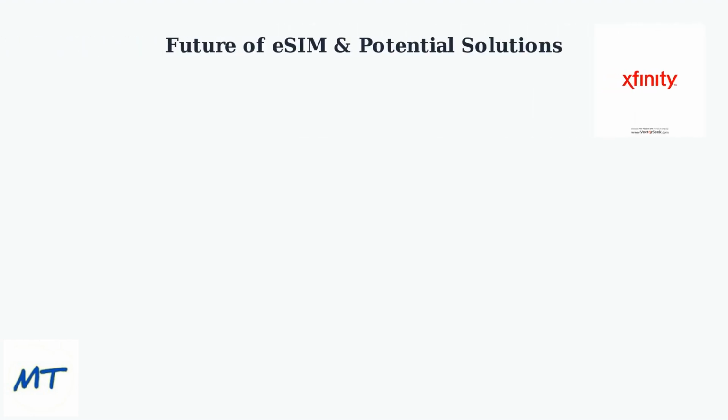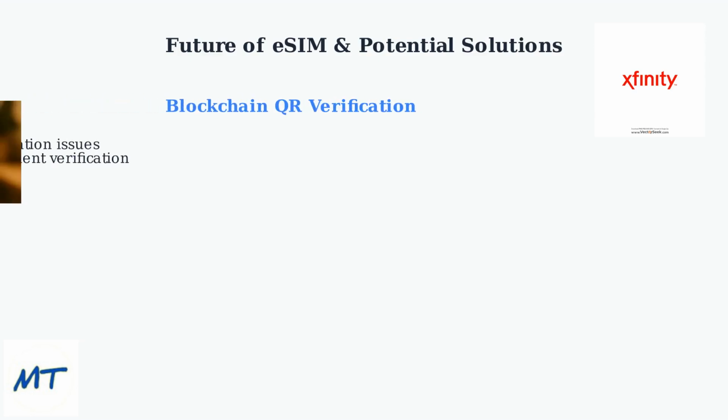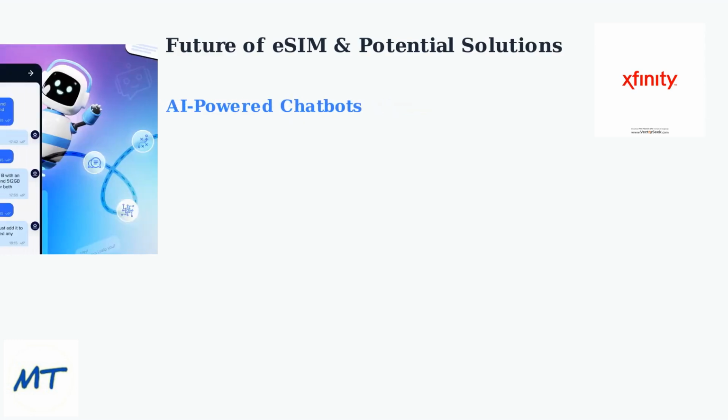Looking ahead, Xfinity is implementing innovative solutions to make eSIM activation more reliable and secure. Xfinity plans to incorporate blockchain-based verification for QR codes, eliminating expiration issues and enabling seamless cross-device transfers. AI-powered chatbots in the Xfinity app will automatically detect and resolve APN errors, cutting troubleshooting time significantly.